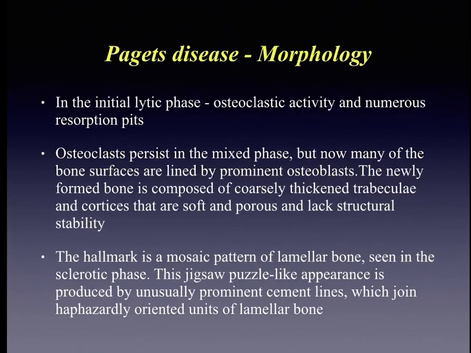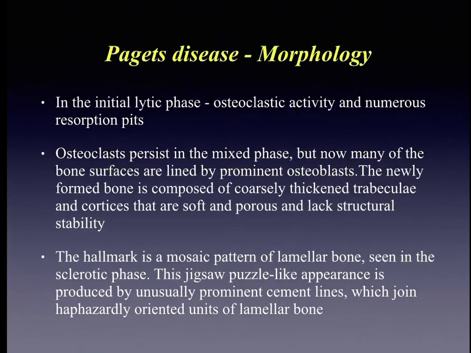Coming to the morphology, in the initial lytic phase, osteoclastic activity is increased and there are numerous resorption pits. The osteoclasts persist in the mixed phase, but apart from this, many of the bony surfaces are also lined by prominent osteoblasts. The newly formed bone is composed of coarsely thickened trabeculae and cortices, which are soft and porous, and lack structural stability.